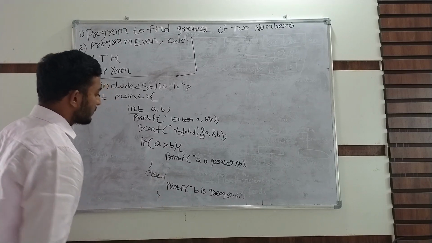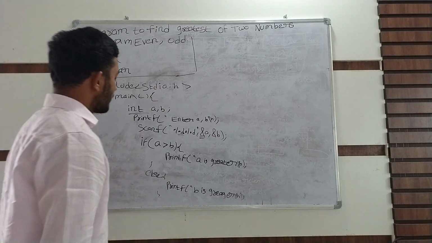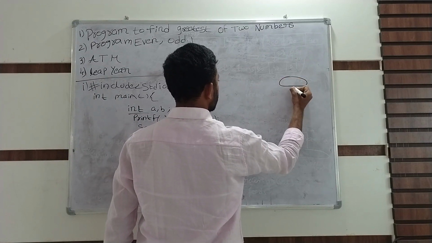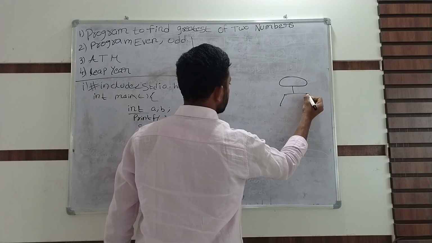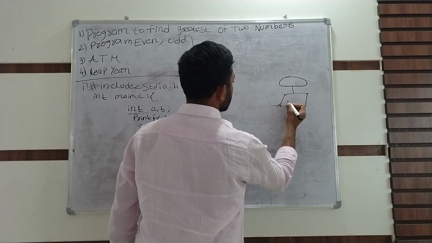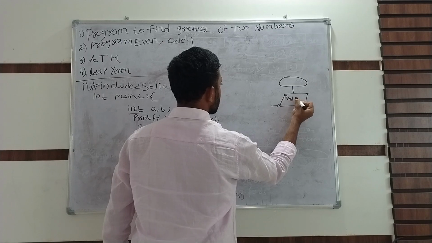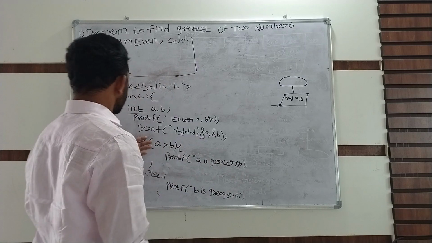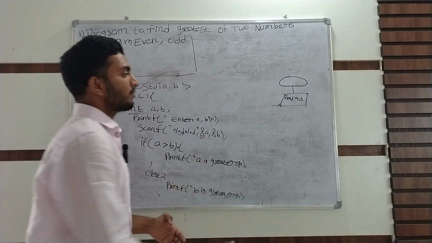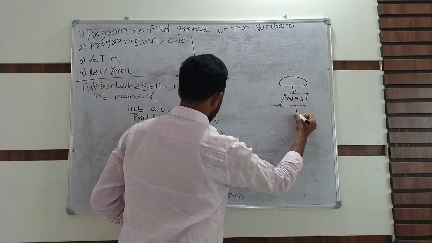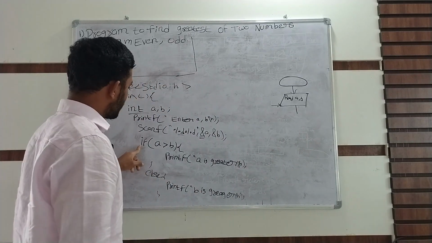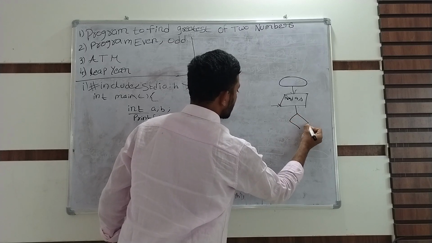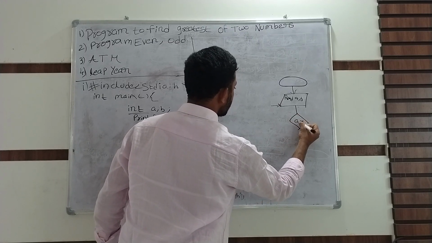Here, by seeing this, we can discuss it using the flowchart. First, this is input. Read a comma b means this is scanf; it is reading the a and b values. After that, I have given the if condition: a is greater than b.